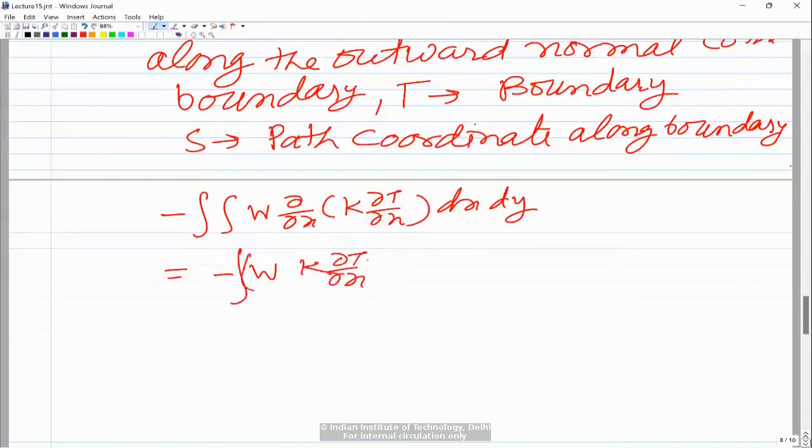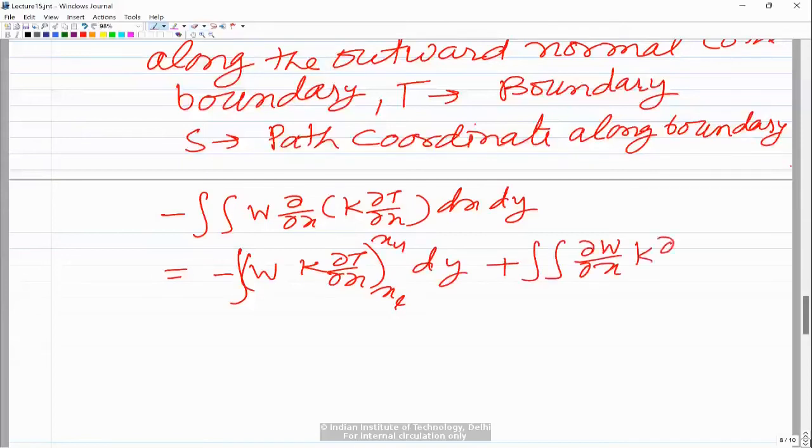This is evaluated at a lower value of x, let me denote it by xl, and the upper value xu, and then dy will remain there. So this is the boundary term, and minus minus plus double integral of the derivative of the first, del w by del x into k into del t by del x dx dy. This is what you will have from this.